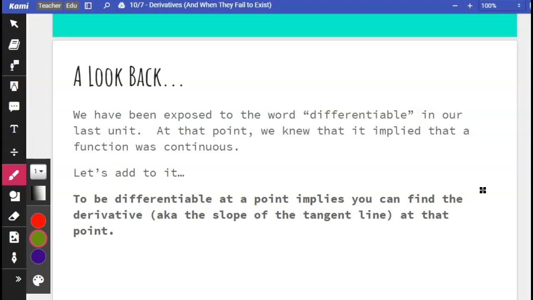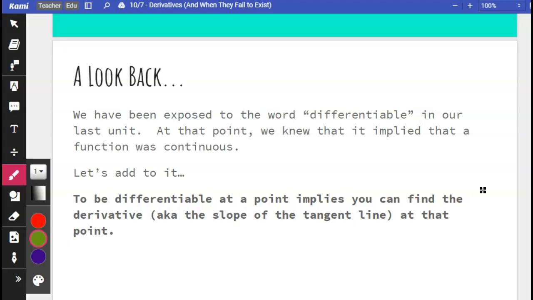What does it mean to be differentiable? To be differentiable at a point implies that you can find the derivative, which of course we know is the slope of the tangent line, otherwise known as the instantaneous rate of change, at that particular point. Again, differentiable is just a way of saying something has a derivative.